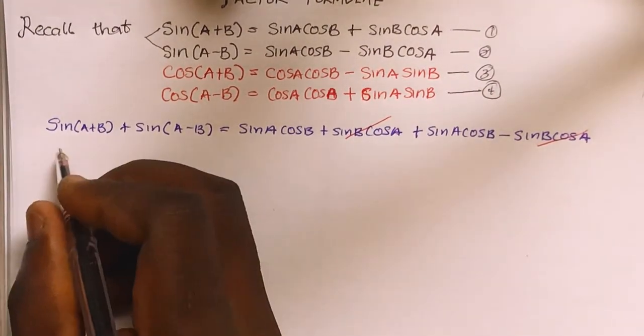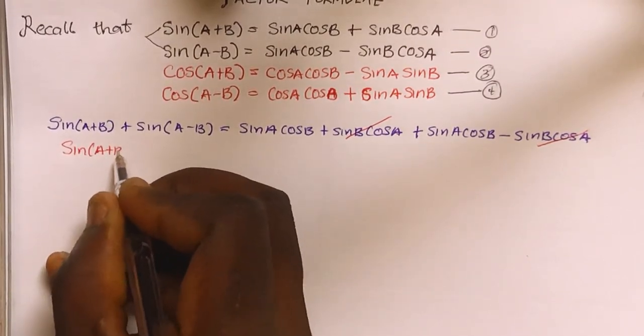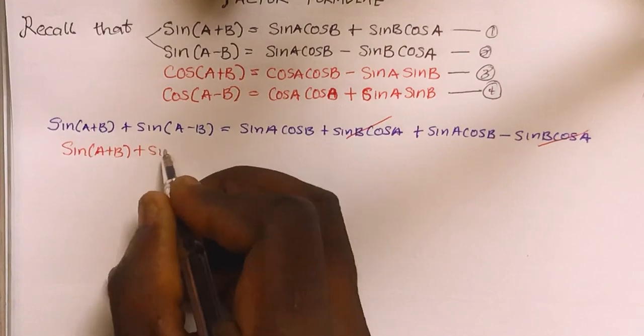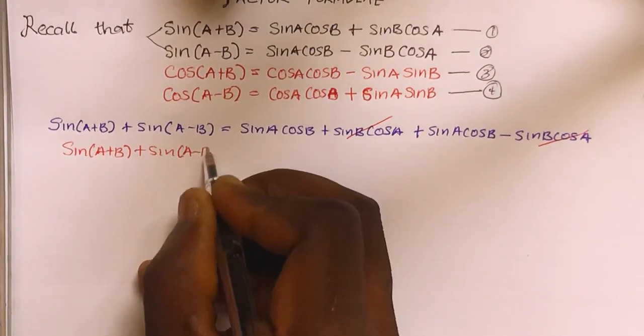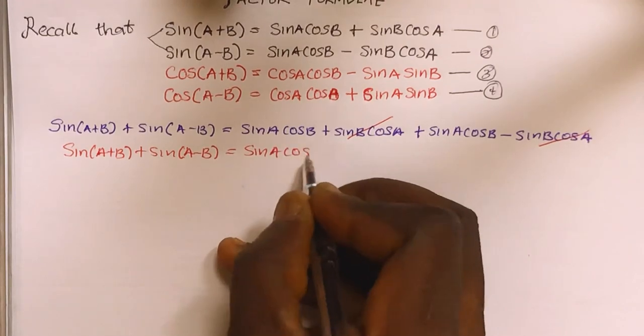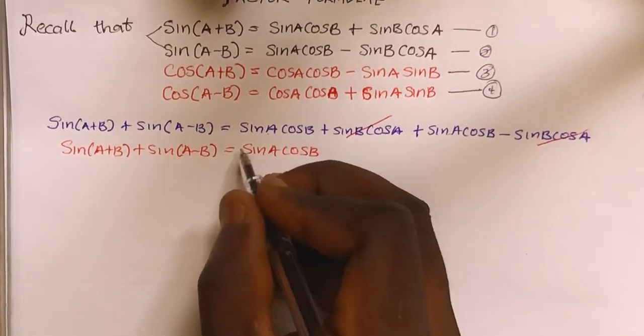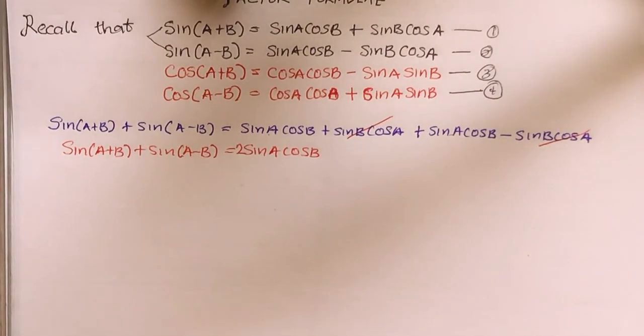Then I'm going to have it simplified to sine A plus B plus sine A minus B equals sine A cos B plus sine A cos B, which will give us 2 sine A cos B.